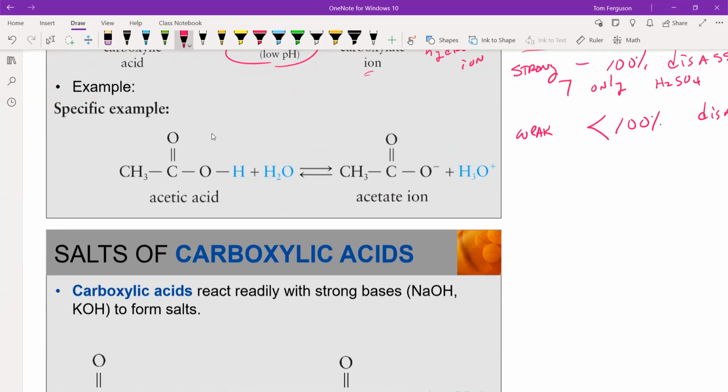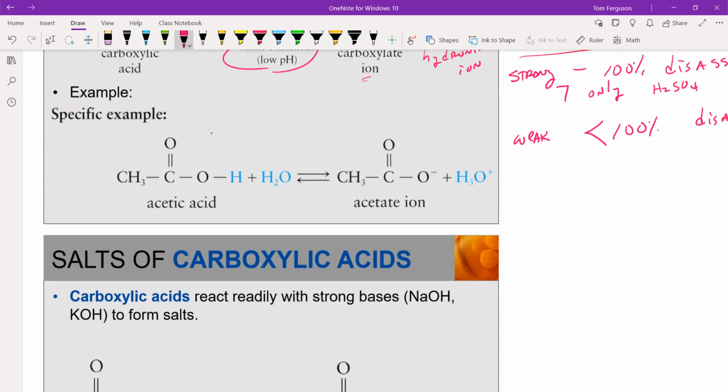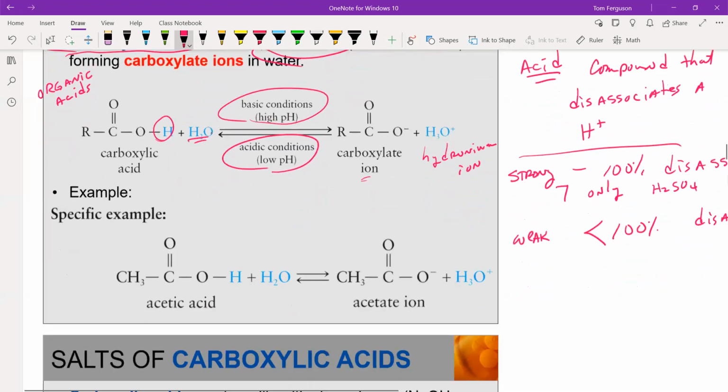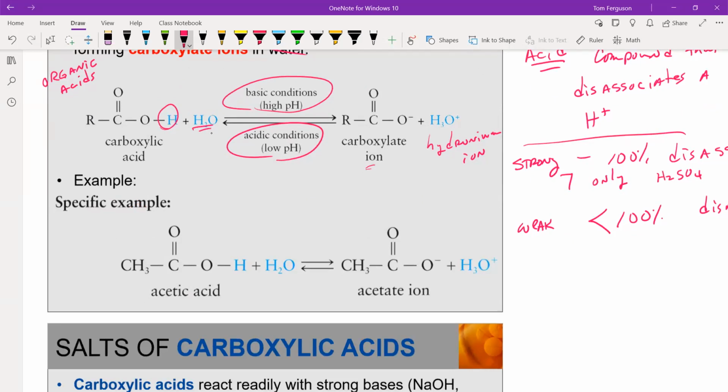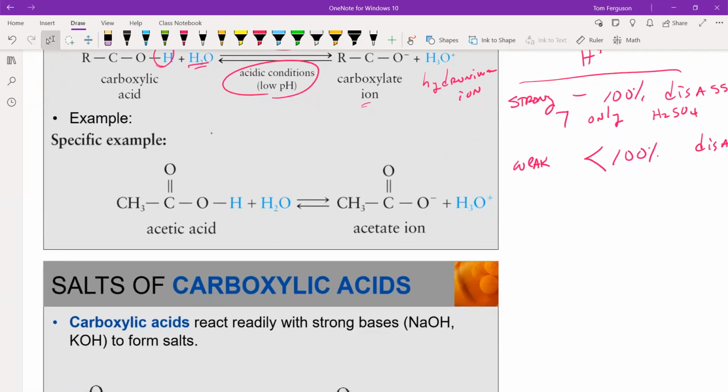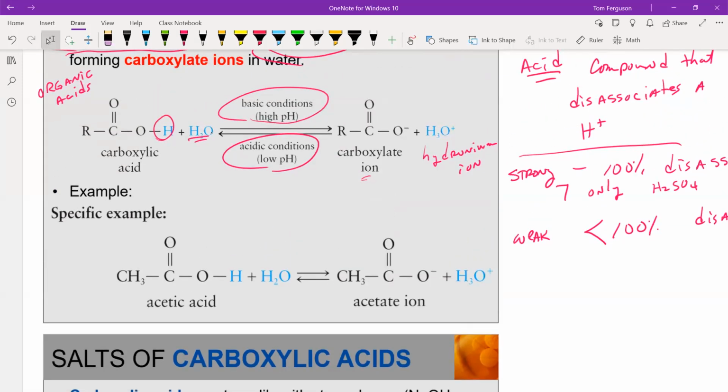So if we start with acetic acid, for example, in water, plain old water, we are going to dissociate an H plus or H3O plus, just in water by itself. If we throw in strong pHs, high or low, it's going to be exacerbated a lot.